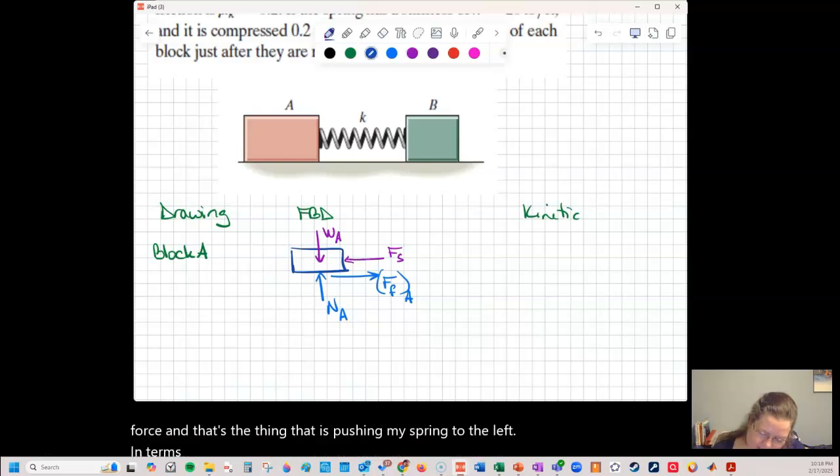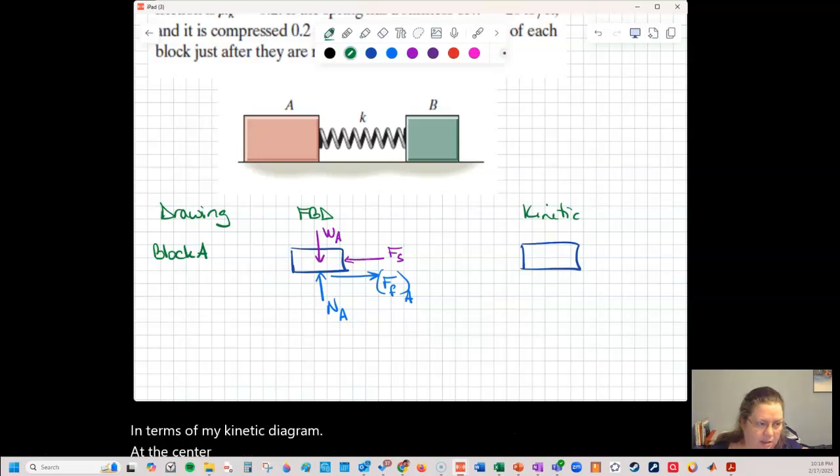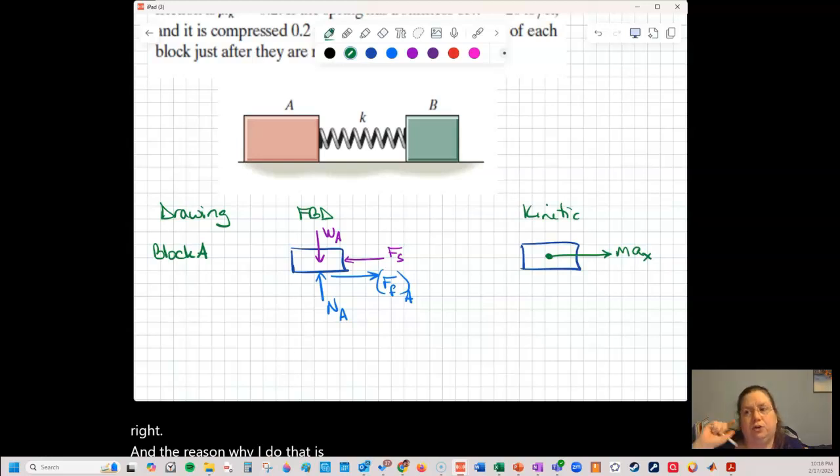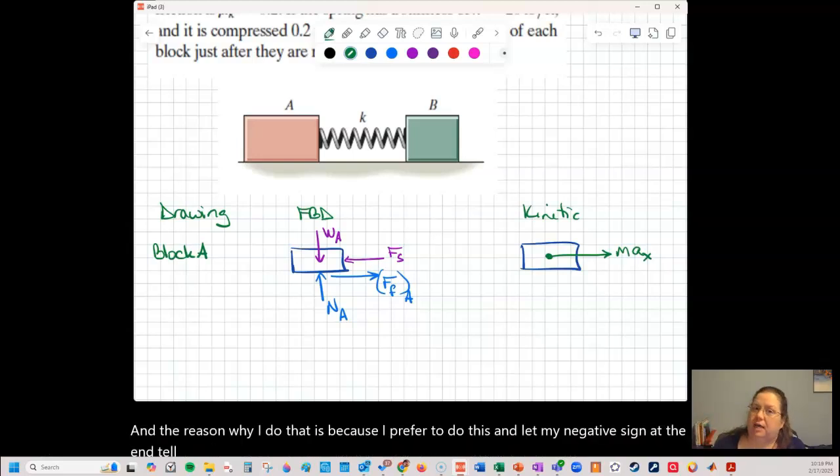In terms of my kinetic diagram, at the center of my block here, I'm going to do something that might seem a little counterintuitive to you, but there's a method to my madness, so just trust me. I'm going to draw my mass times acceleration to the right. The reason I do that is because I prefer to let my negative sign at the end tell me it's actually to the left, rather than assume it's to the left and then struggle with plus minus signs when I'm solving the problem.